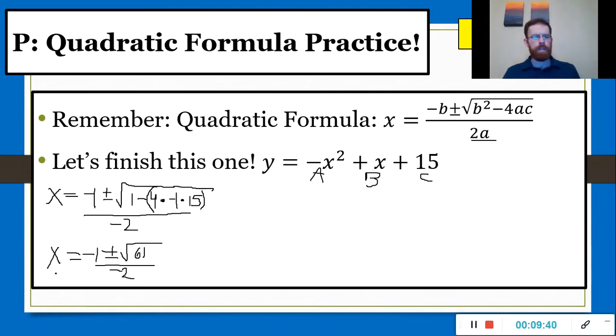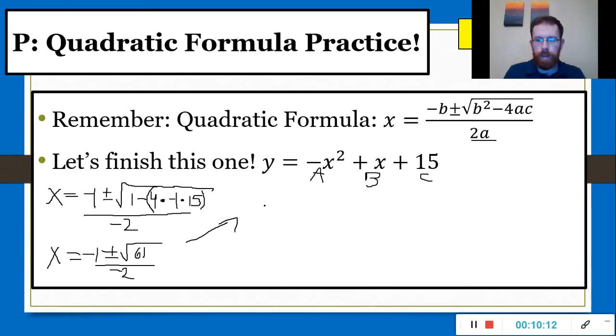Now, parents, students, you might say, square root of 61 isn't a perfect number. You're right, it's not. In fact, it doesn't even have any other smaller numbers that it breaks down into to help break down the thing. It's a prime number. Square root of a prime number typically is going to be something very funky. But we'll make do. At this time, I would say, all right, either use a calculator or something.